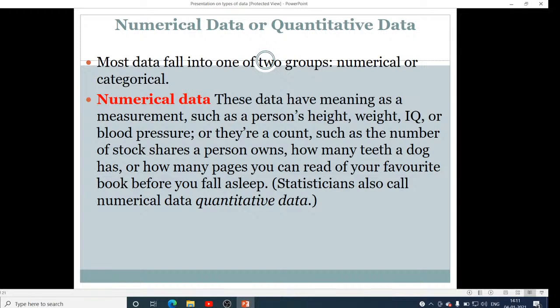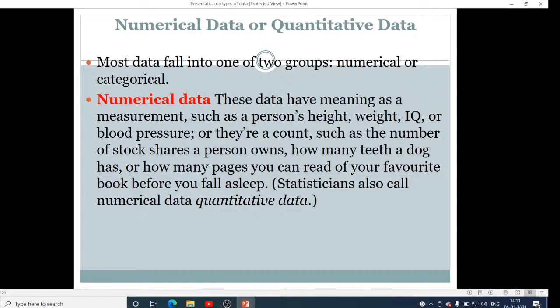Then next, see the examples, such as the number of stock shares a person owns, how many teeth a dog has, or how many pages of your favorite book you can read before you fall asleep. This type of countable and measurable numerical data is called quantitative data. So quantity, some quantity, is in the title.